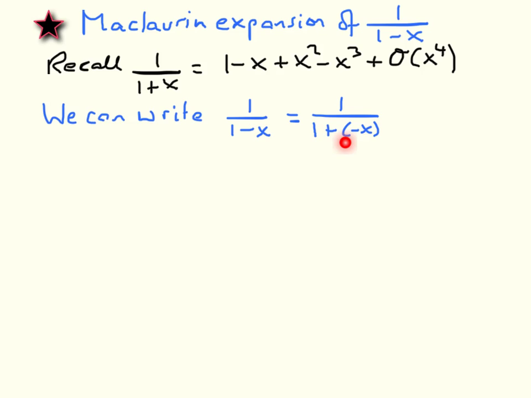And the minus x here plays the role of the x here. So we can take this formula and replace x everywhere by minus x, and that will give us our result.